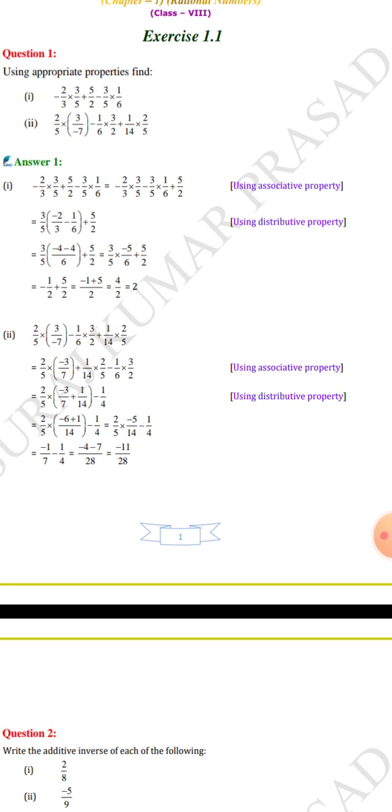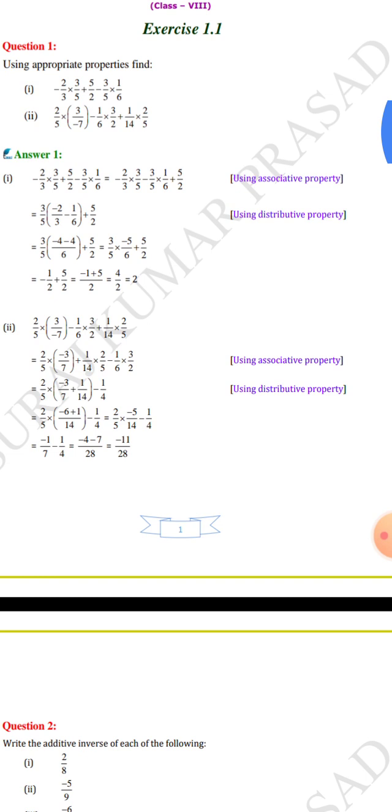Then by using the distributive property, we can write 2/5 × (-3/7 + 1/14) - 1/4, which equals 2/5 × (-6 + 1)/14 - 1/4. Then we can write 2/5 × (-5/14) - 1/4. Then -1/7 - 1/4.